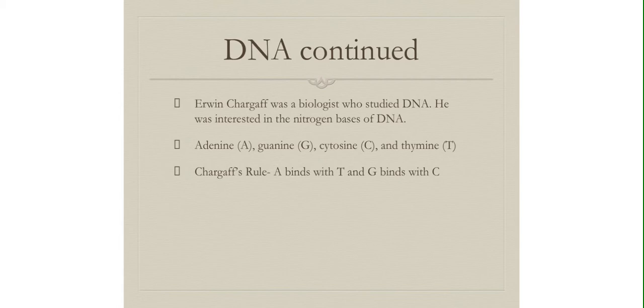He didn't think this was a coincidence. He ends up coming up with these rules known as Chargaff's rules. What he says is that A binds with T and G binds with C. Those are the basics of the rules. There's a little more to it, but that's really what I want you to know right now. And this becomes really important when we figure out the DNA structure.